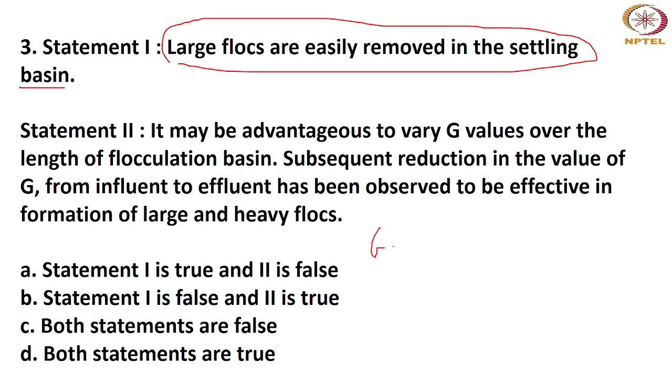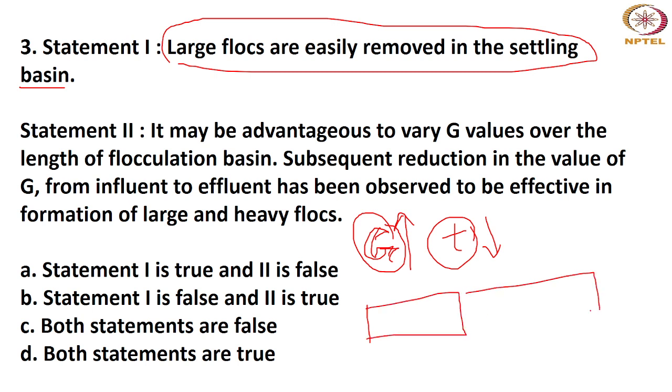So what happens is G and T, two factors are there. This is the time, and this is my G value. Suppose the G value is higher and the T value is lower in the first half, and suppose I am dividing the tank into two halves.